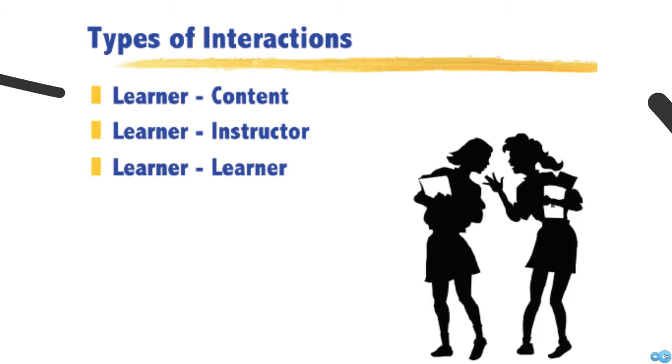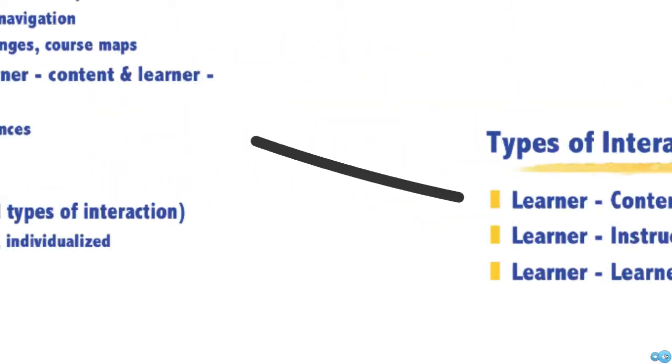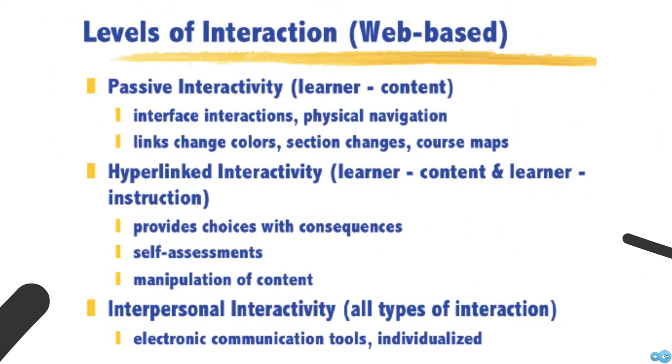Consider how the learners will interact with the content, the instructor, and with the other students. And then once we understand the type of interaction, we need to look at the level of interaction. Consider how interactive the learning needs to be, and how students can be passive consumers of the information. How should they engage with the content?